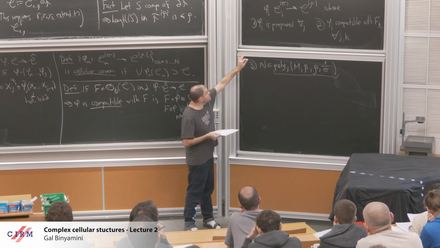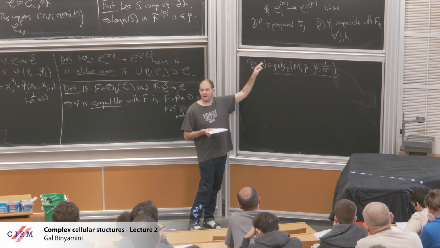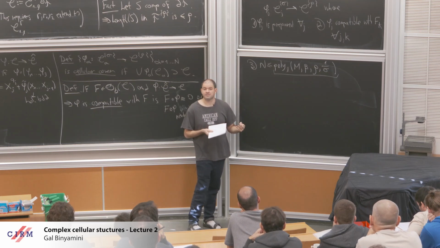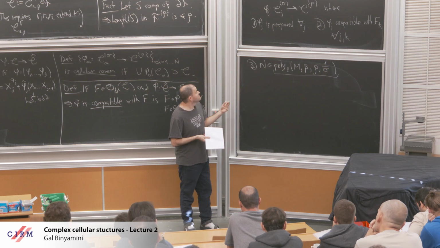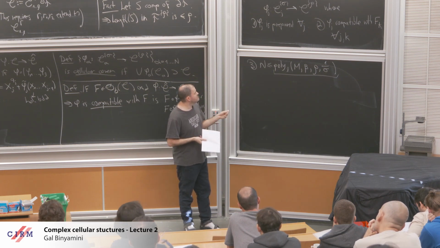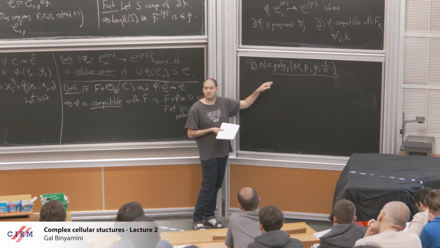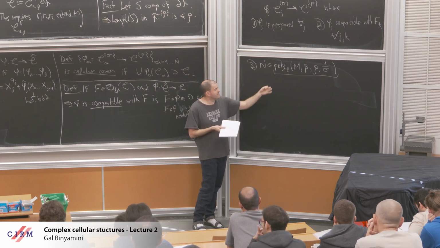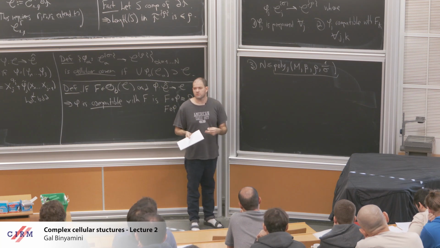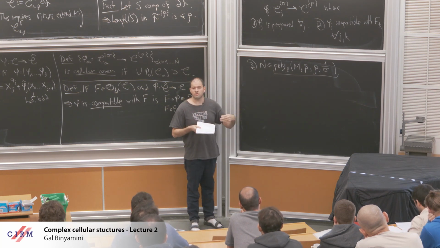So the rest of the theorem is quite close to resolution of singularities. I'll explain the sense in which it is close to resolution of singularities. So it's inspired by some ideas from resolution of singularities, but the problem was how to get a good, precise control on the number of cells that you need. And this translates eventually to this good control on the number of charts that you need in Yomdin-Gromov.